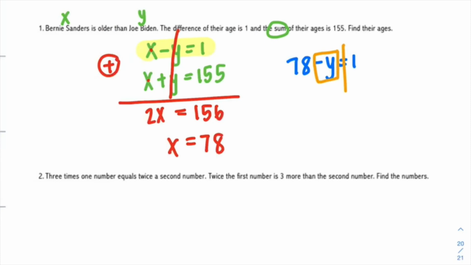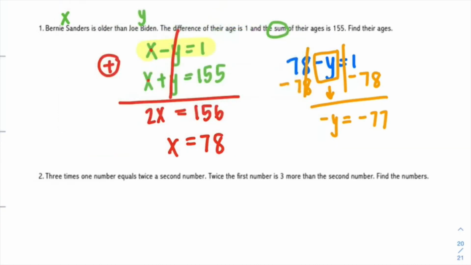Notice that negative y. Remember, y does not move, that's going to stay. We're going to move the 78 to the other side. So opposite, right now it is positive. So we're going to do the opposite, which is subtract 78 from both sides. This cancels. And you're left with, bring down the sign, guys. Negative y is equal to negative 77.